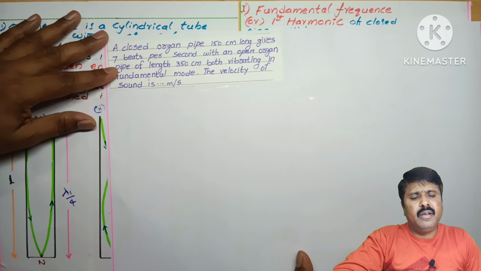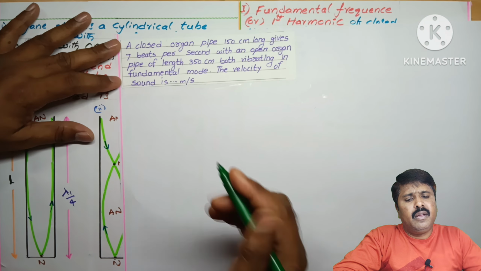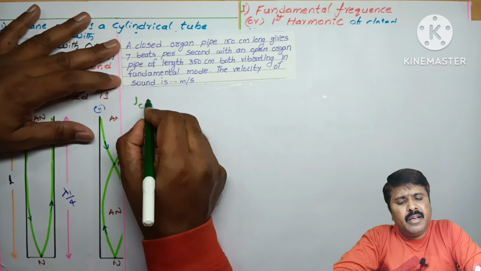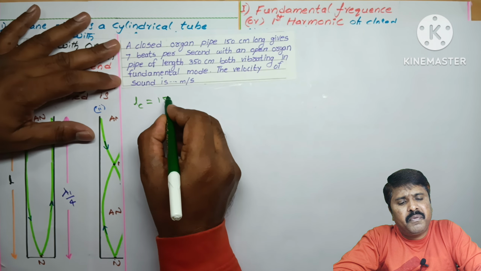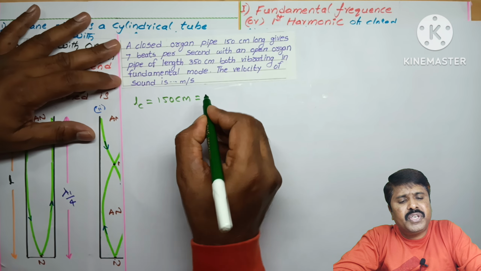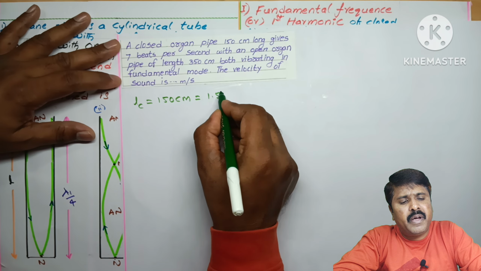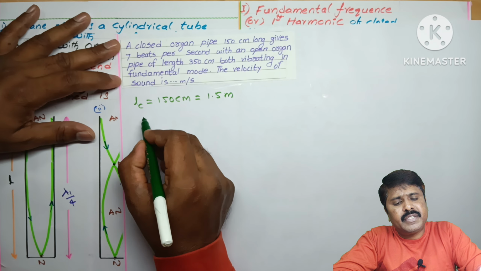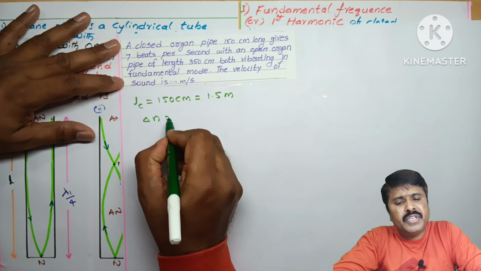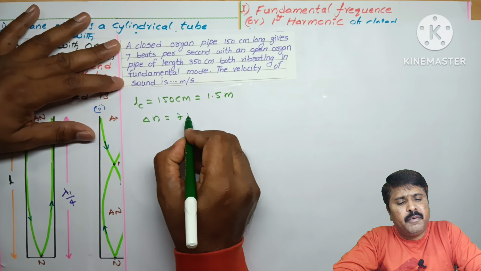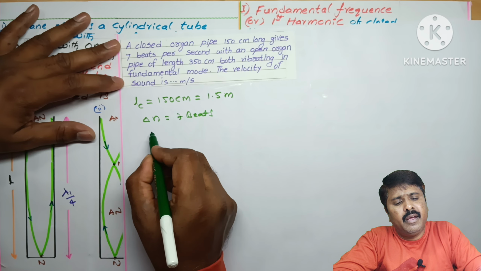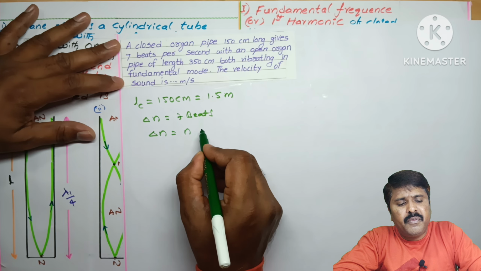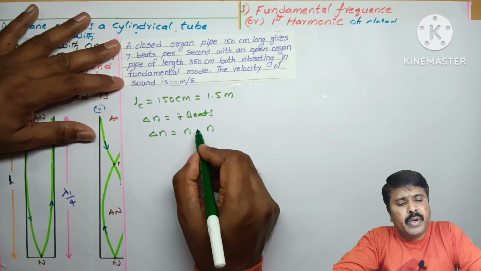Next question: a closed organ pipe. So LC, closed organ pipe 150 centimeter, which is equal to 1.5 meter, gives 7 beats. So delta N is equal to 7 beats given. Delta N is equal to N1 minus N2, the variation.